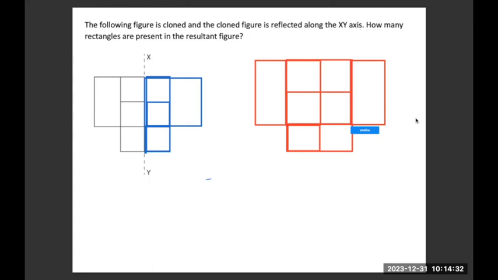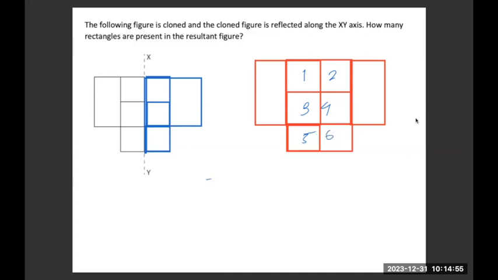Now within this diagram, let's count the number of squares. Number of squares will be 1, 2, 3, 4, 5, 6. Okay, in this combination.